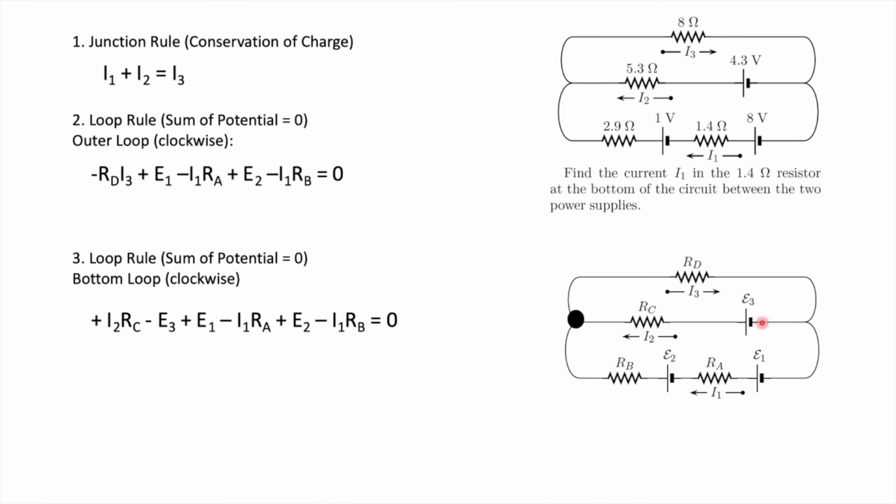And now when it gets to EMF E3, remember that charge is going from high potential to low potential. When an object falls from high potential to low potential, its energy decreases. So that's negative E3. Okay, and it gets to this junction. We are following the bottom loop, so from here it reaches this way going clockwise.